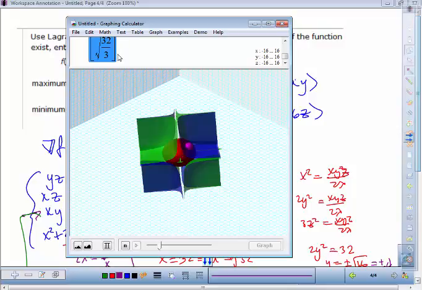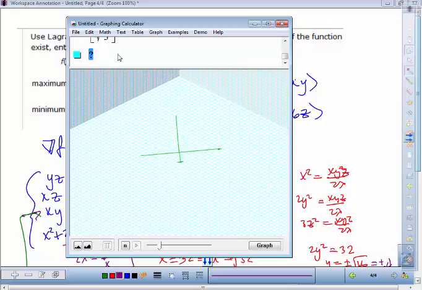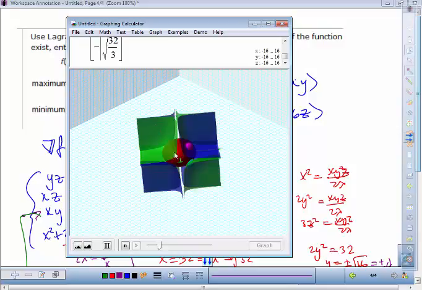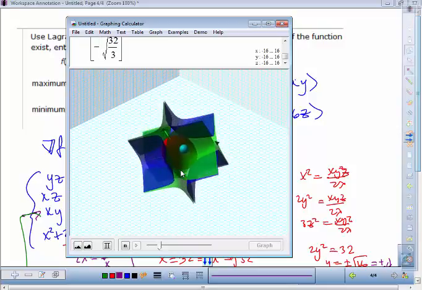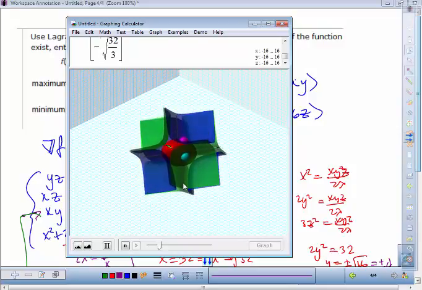My minimums occur when at least one, or if you have an odd number of negatives. So one of those, if we make the last one negative, here's another point over here.